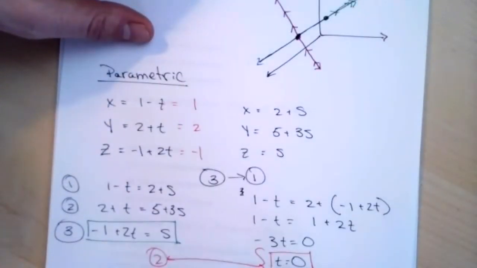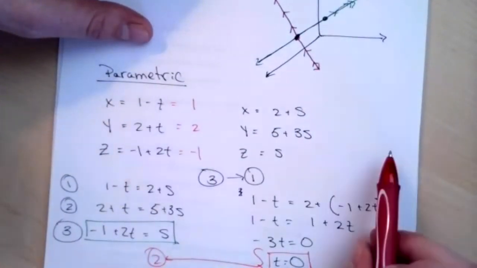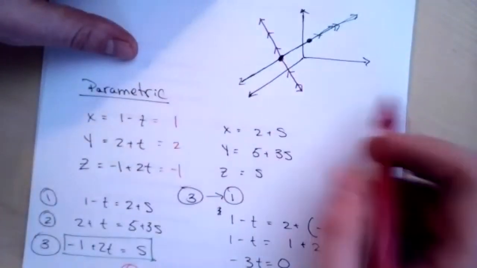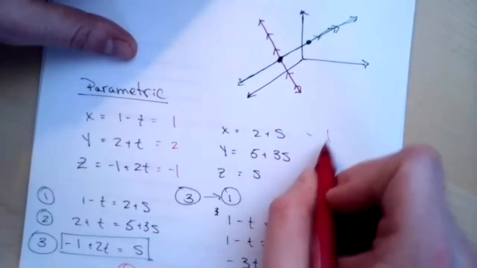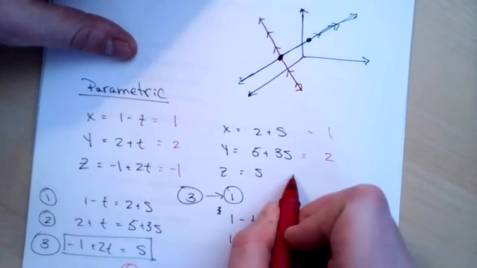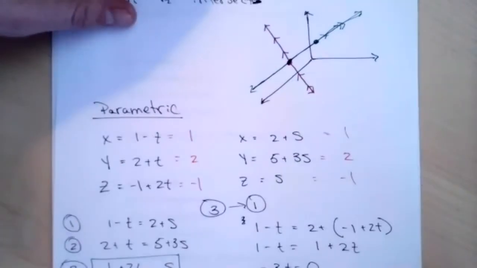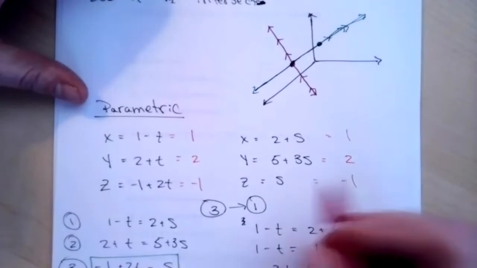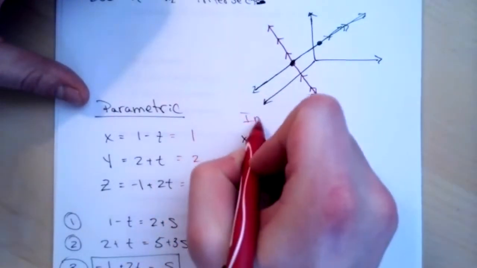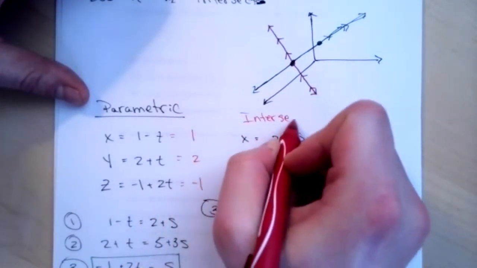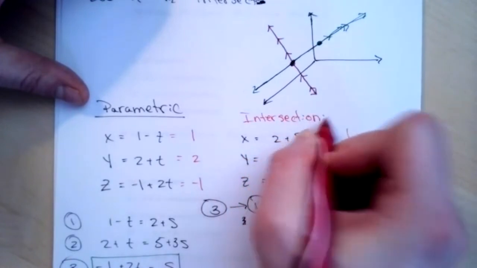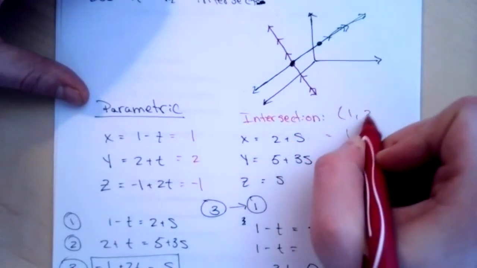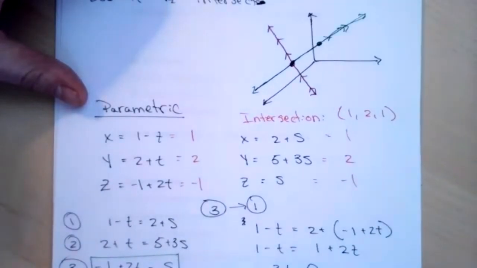And then we'll plug in our s equal to minus 1 into our s equations, and we get 1, 2, and minus 1 again. So our common point is at 1, 2, minus 1.